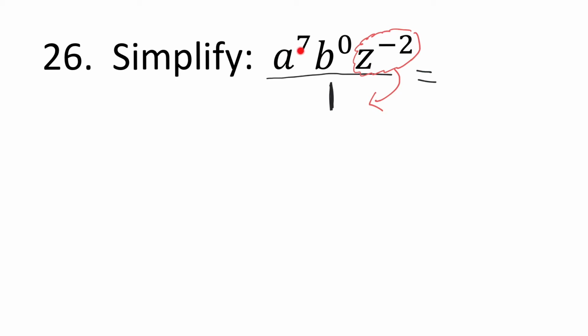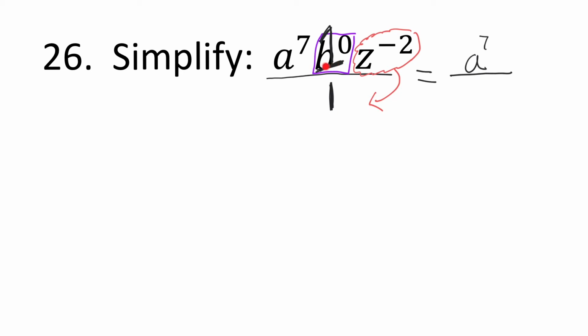And the a will stay on the top, but the b has an exponent of 0. So anything with an exponent of 0 other than 0, okay? If you guys have something else than 0, or a variable to the 0 exponent, that's going to turn into a 1. Okay, anything to the 0 power is 1. And like I said, anything other than 0. So you guys are going to have on the top the a to the 7th power.